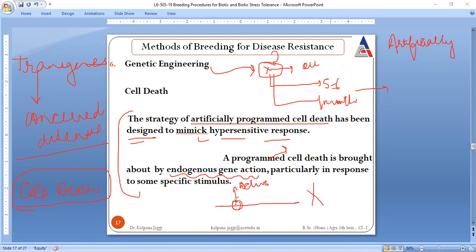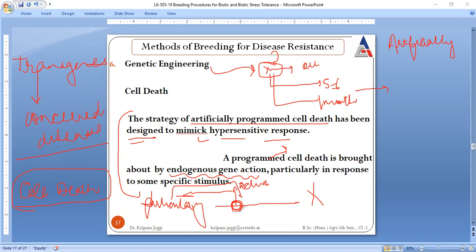So here endogenous gene action is there, that is leading to the programmed cell death, but it becomes active only when there is a particular stimulus, and the presence of that stimulus will trigger activation of this endogenous gene action.